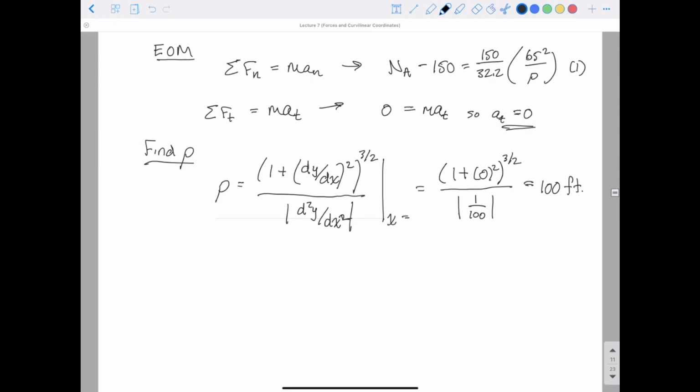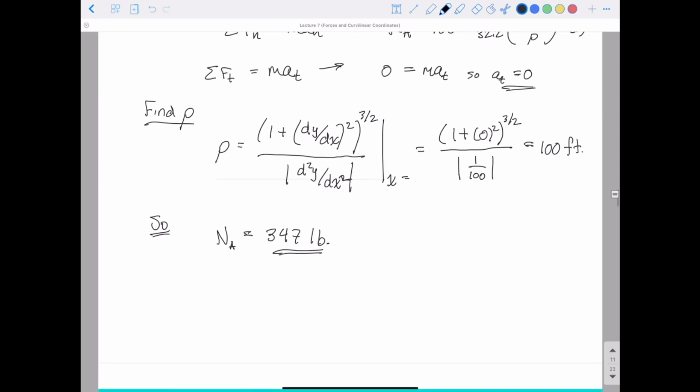So finally, we can say our normal force is equal to 347 pounds, solving equation 1. That's the force the skier will feel from the ramp pushing back.